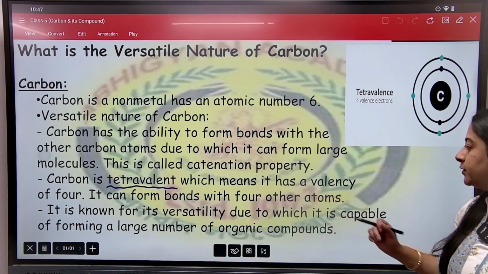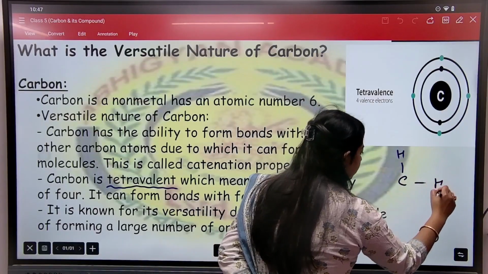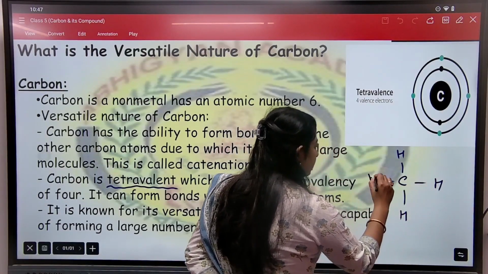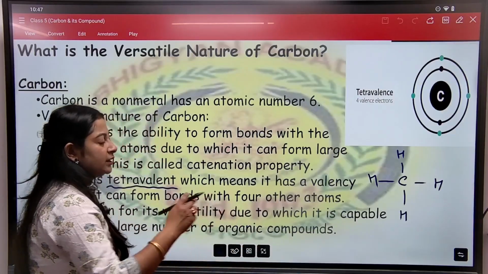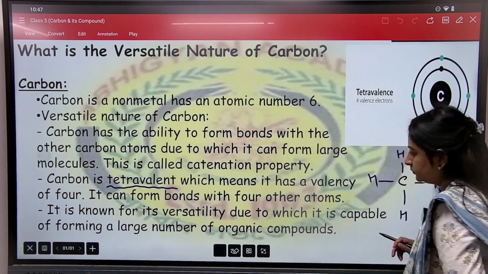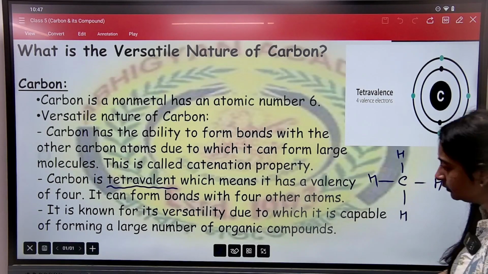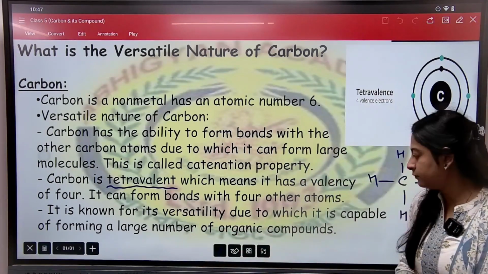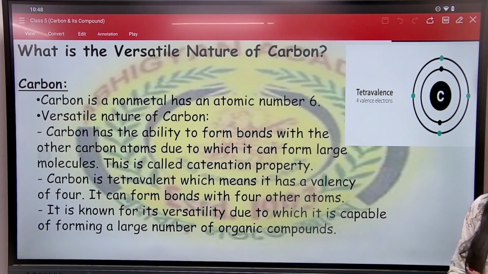Okay, other atom जैसे अभी अभी दिखाया, कार्बन क्या कर सकता है? हाइड्रोजन के साथ बॉन्ड बना सकता है. कार्बन कार्बन के साथ भी बॉन्ड बना सकता है. कार्बन can form continuous chain with its own atom. It is known for the versatility due to which it is capable of forming a large number of organic compound. Okay, so you have to see this, you have to note this.